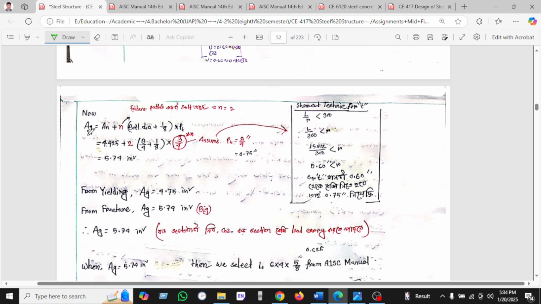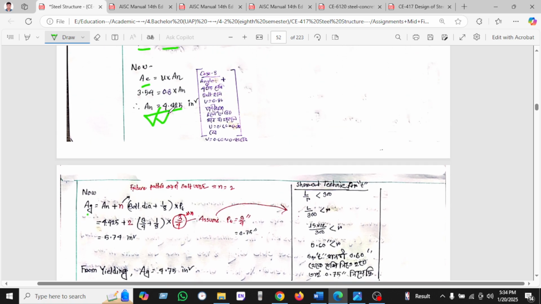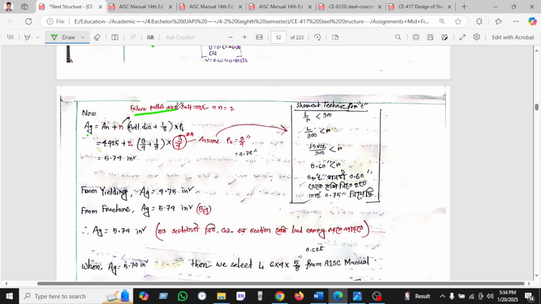Now we will use Ae equals An. We have to find how many bolts there are.